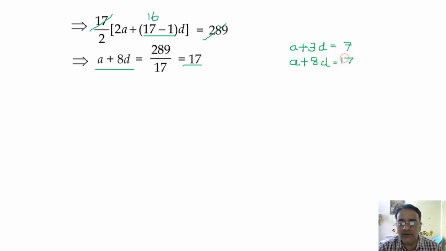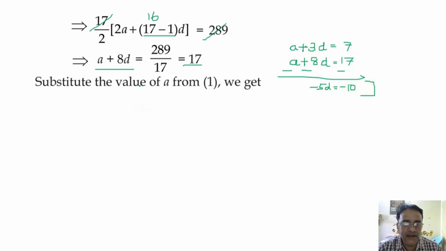So what you can do, you can use the elimination method also. Actually I have used the substitution method in this slide. If you use the elimination method, you have to subtract, because the coefficient of a is the same and the sign is also the same. So we are getting minus 5d is equal to minus 10. So what is the final value of d? 2, right. यहाँ पे हम लोग a का वैल्यू 7 minus 3d था.